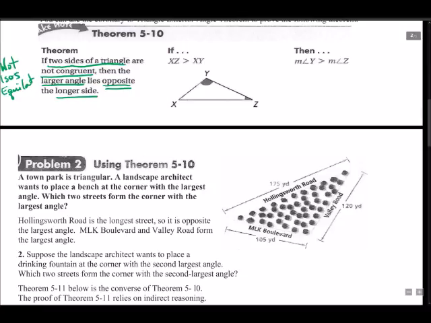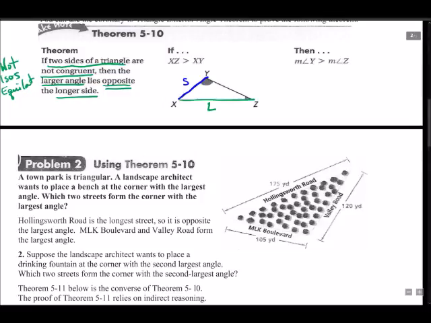So this says that the length of XZ, this side, is greater than the length of XY, this side. So this side is our large side, and this side we'll call our small side.